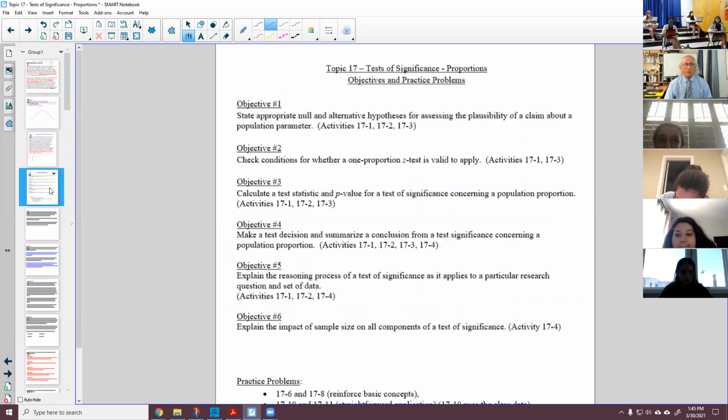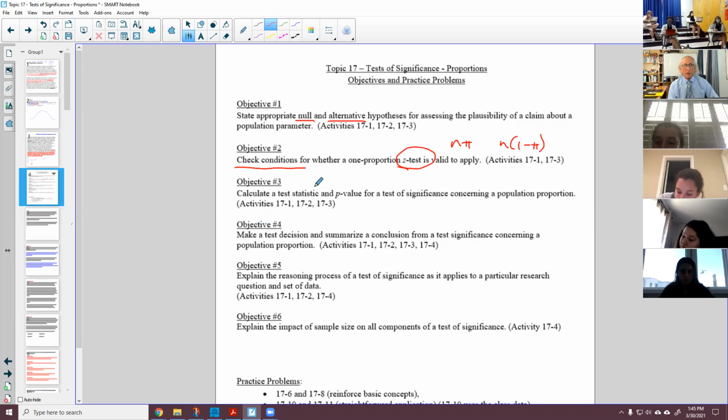Okay, so here are our objectives, same things we just talked about, but the problems that we're going to work through are going to deal with almost all of these objectives. We're going to talk about null and alternative hypotheses. We're going to check conditions for whether a one proportion z-test is valid. This is going to have to do with our n times pi and our n times 1 minus pi, the same things that we've been doing.